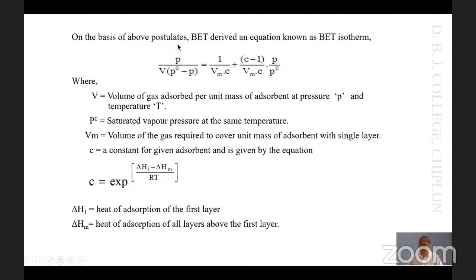On the basis of the above postulates, BET derived an equation known as the BET isotherm. In this equation, P denotes the pressure at a temperature T. V denotes the volume of gas adsorbed per unit mass of adsorbent at a pressure P and the temperature T again.